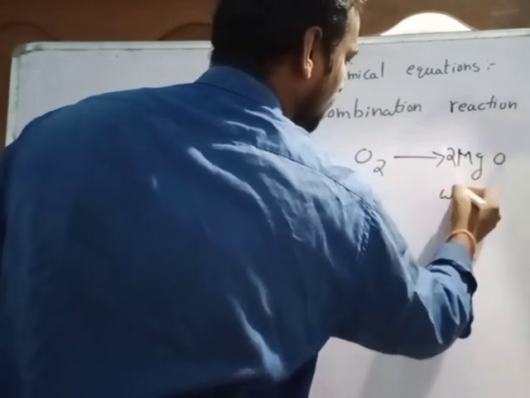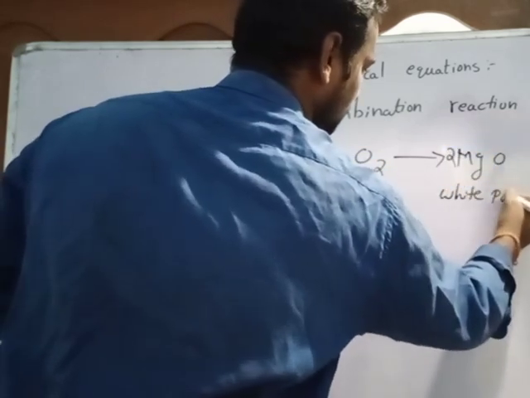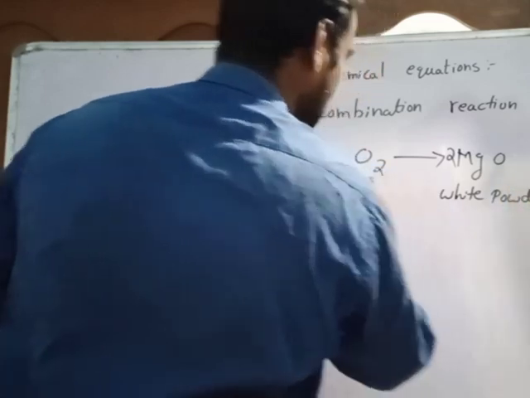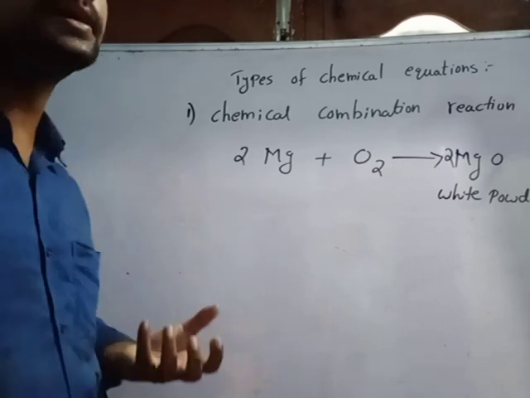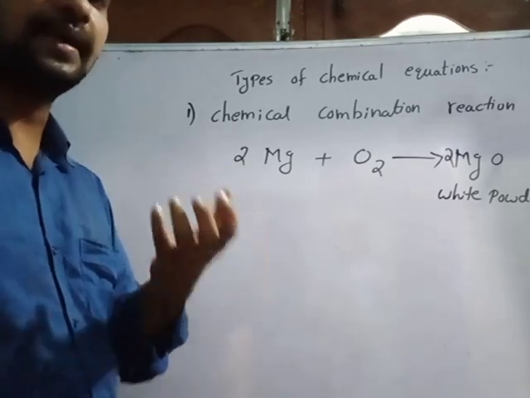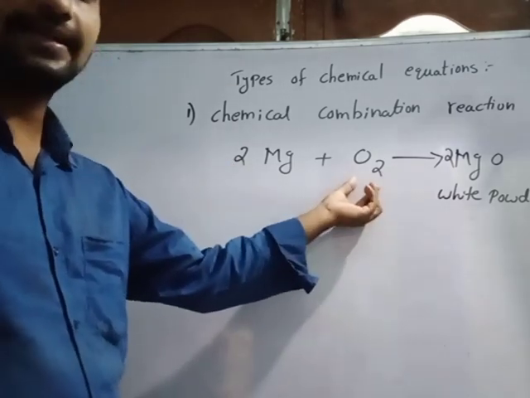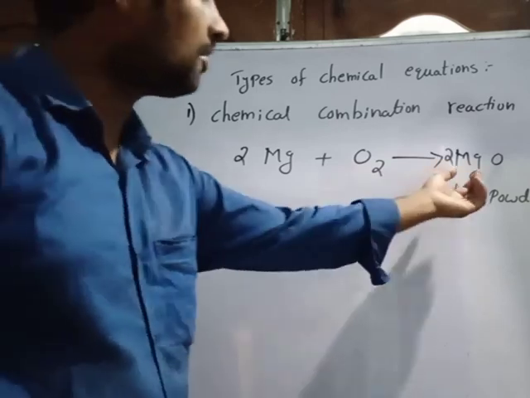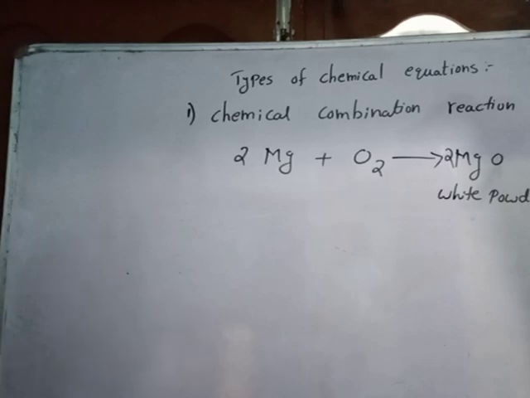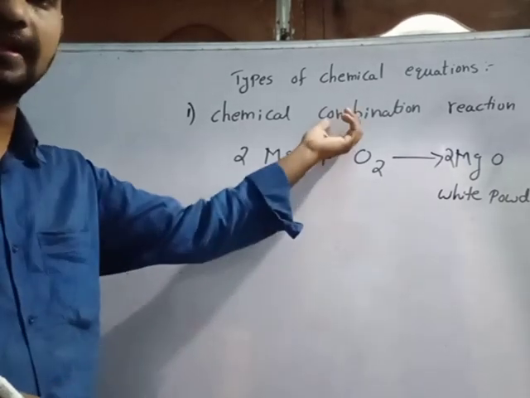So take magnesium ribbons. Magnesium ribbons is bonding with oxygen gas to give white powder. That white powder indicates magnesium oxide. Clear? This is the example for chemical combination reaction.